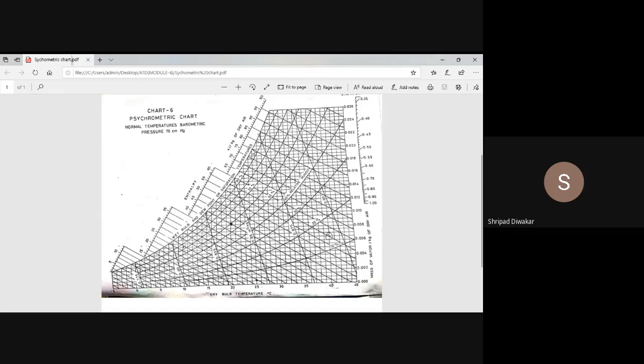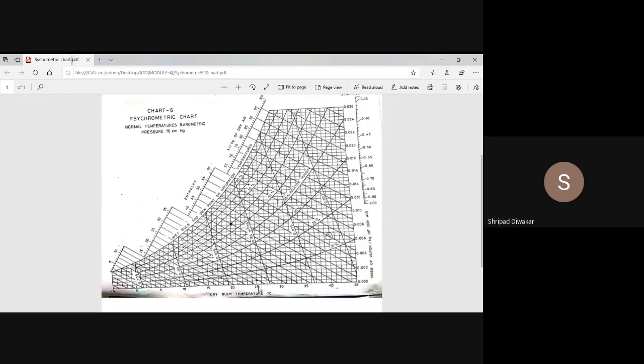Now, to find out the specific humidity at 25 degrees Celsius DPT and WBT, suppose they give a problem like that, how do you find the specific humidity at 25 degrees WBT? Here only you'll get confused.